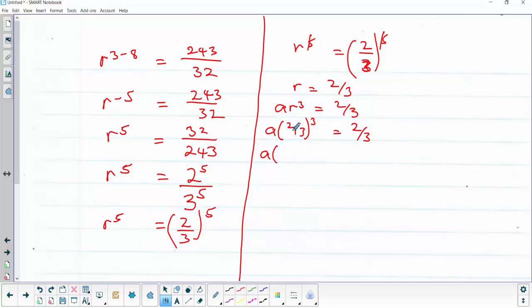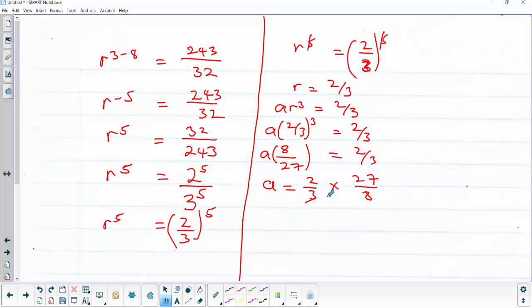A into 2 raised to power 3 is 8, 3 raised to power 3 is 27, equal to 2 over 3. We need to remove this 8 over 27. We multiply both sides by 27 over 8, which is the reciprocal of 8 over 27. So therefore, we are going to have A equal to 2 over 3 multiplied by 27 over 8.